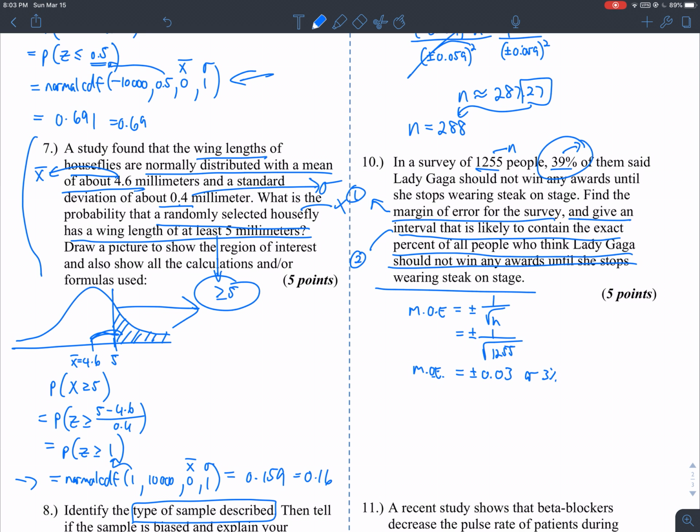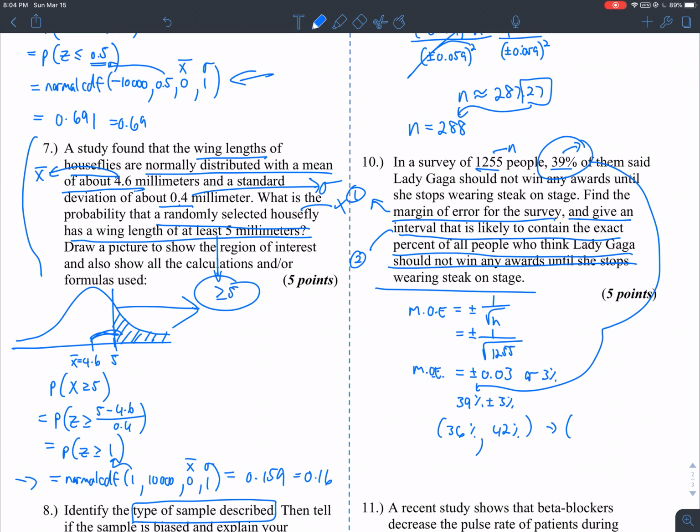So you can do this 2 ways. The textbook likes their percentages here. So I'm taking this 39% of the people who said she should not win any awards, plus minus 3. Okay, and that leads me to a confidence interval, which is typically written like this. In statistics, 36% to 42%. If I add 3 and subtract 3.